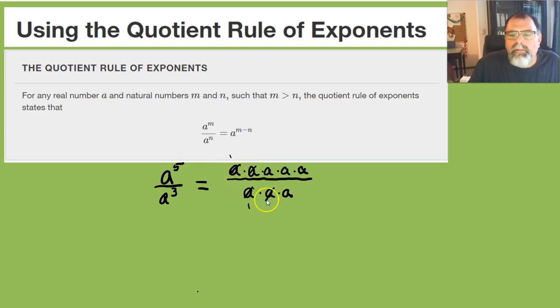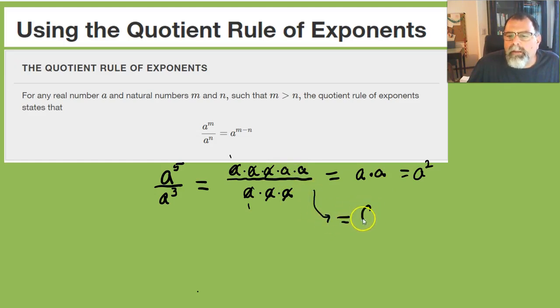So we can cancel 3 factors of a on top and 3 factors of a on the bottom, and we're left with just 2 factors of a on top over 1, which is the same thing as a squared. So if we had 5 factors on top and 3 on bottom, and we cancel 3 common factors, that's 5 minus 3, so that's the rule.